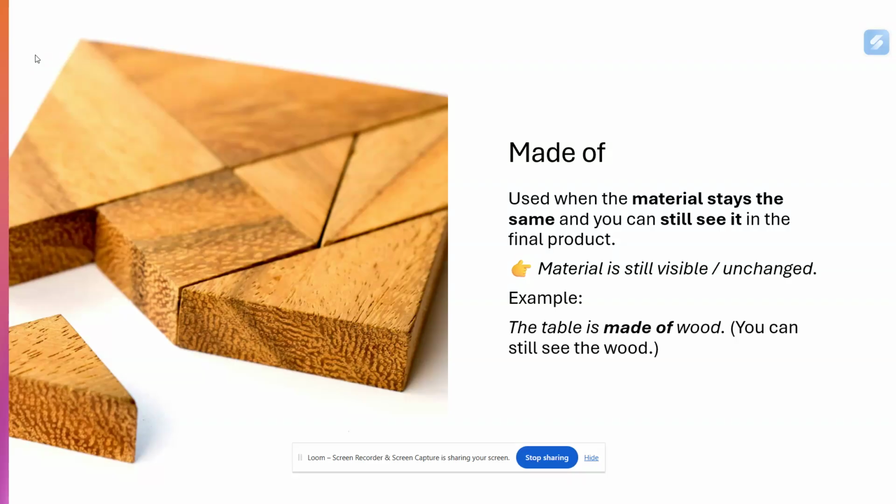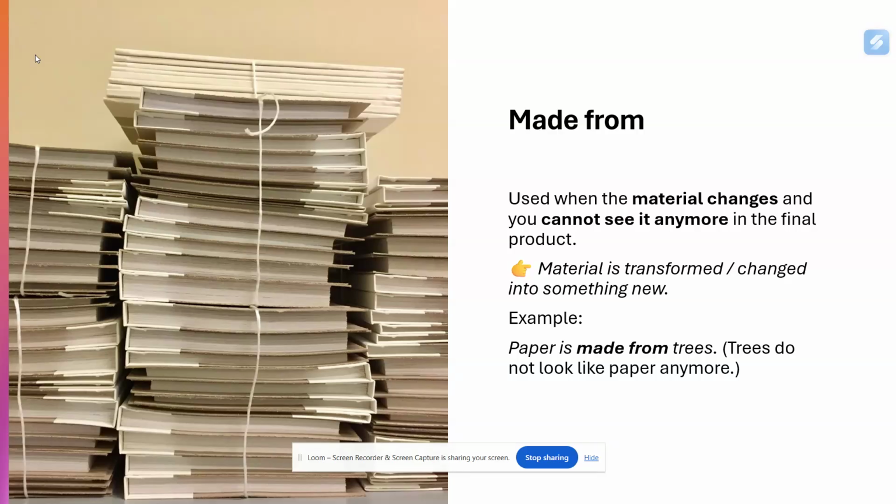Okay, so material is still visible and unchanged. For example, the table is made of wood, so you can see the wood. Okay, but made from is used when material changes and you can't see it anymore in the final product. Okay, material is transformed, changed into something new.